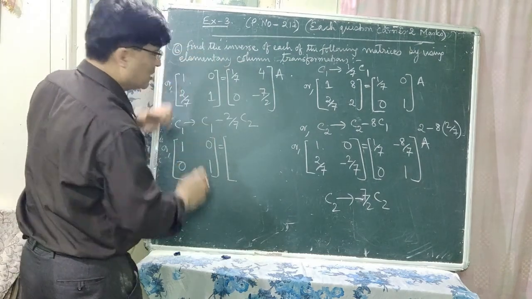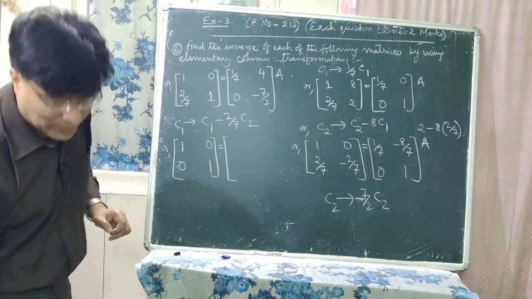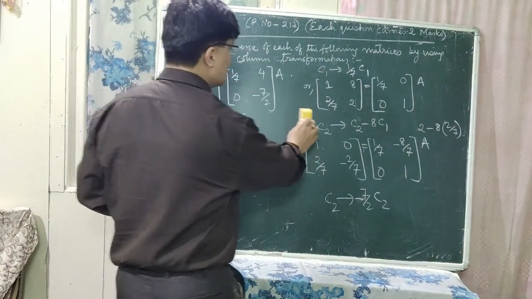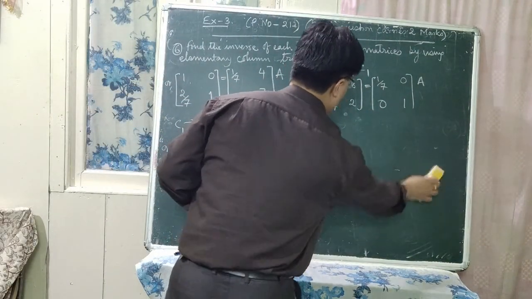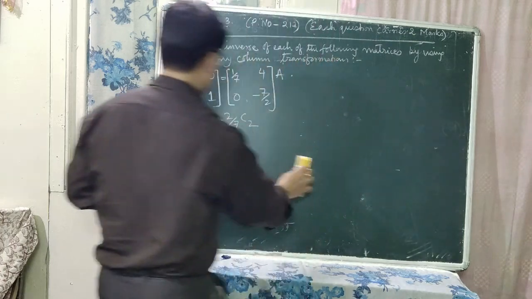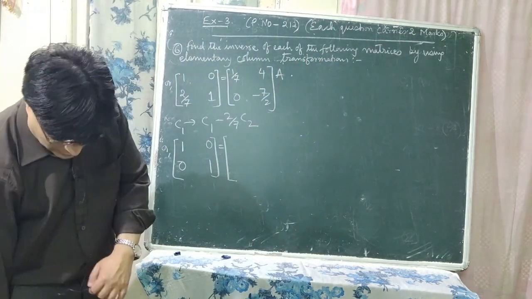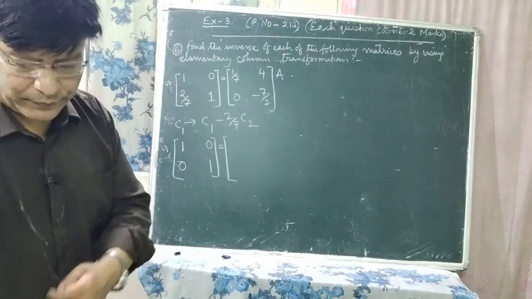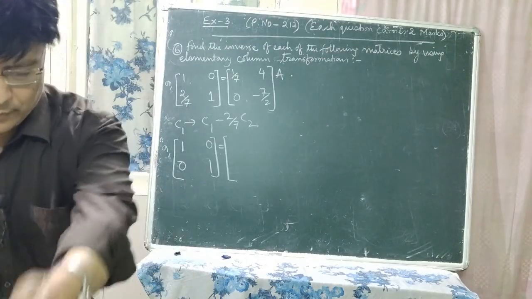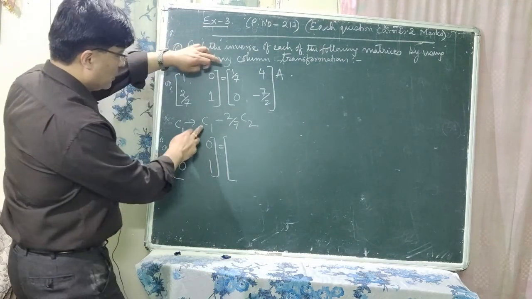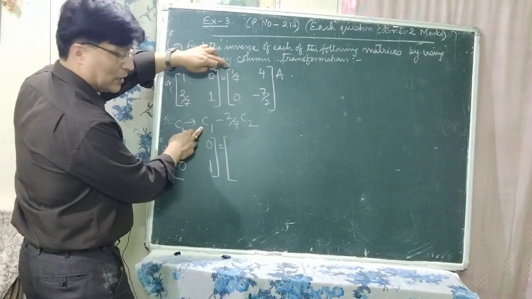Now here also column 1 is changing. So how does it change column 1 on the right hand side? C1 is changing out here. How does it change?